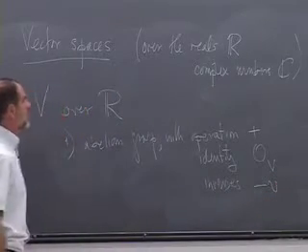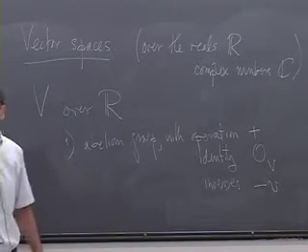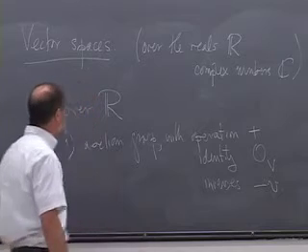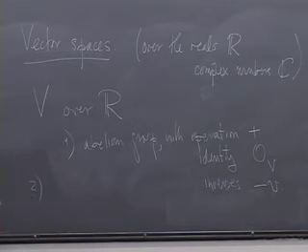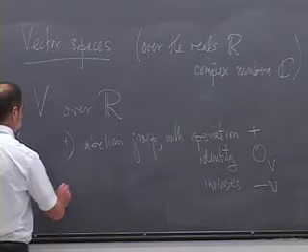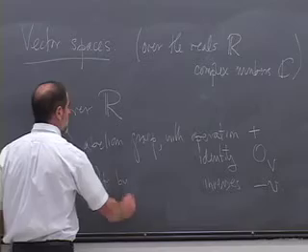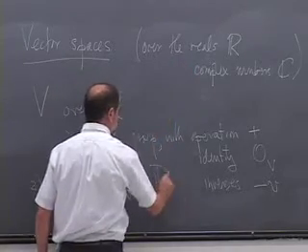So the operation of the abelian group in a vector space is written additively like it is for the integers. Now, a perfectly good example of an abelian group would be the integers, but the integers are not a vector space. And the second thing you need is a scalar multiplication by elements c in your real numbers, for example.